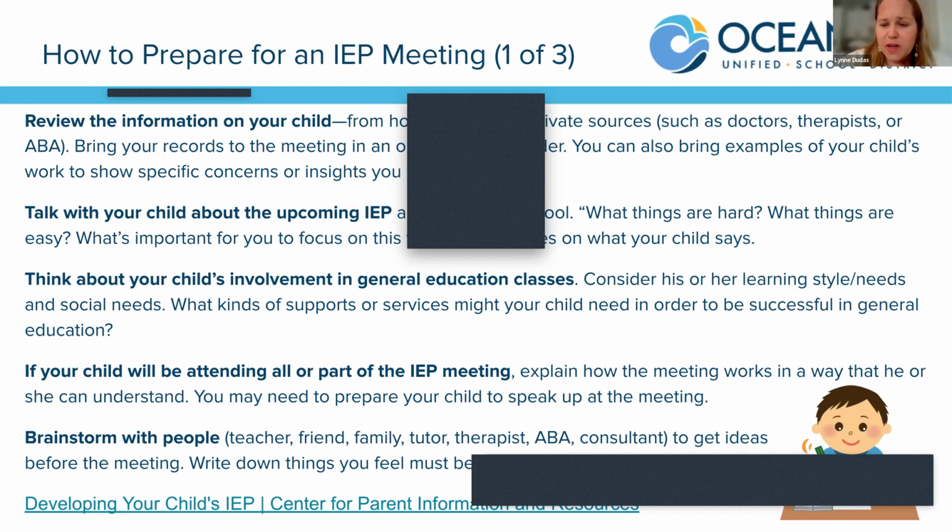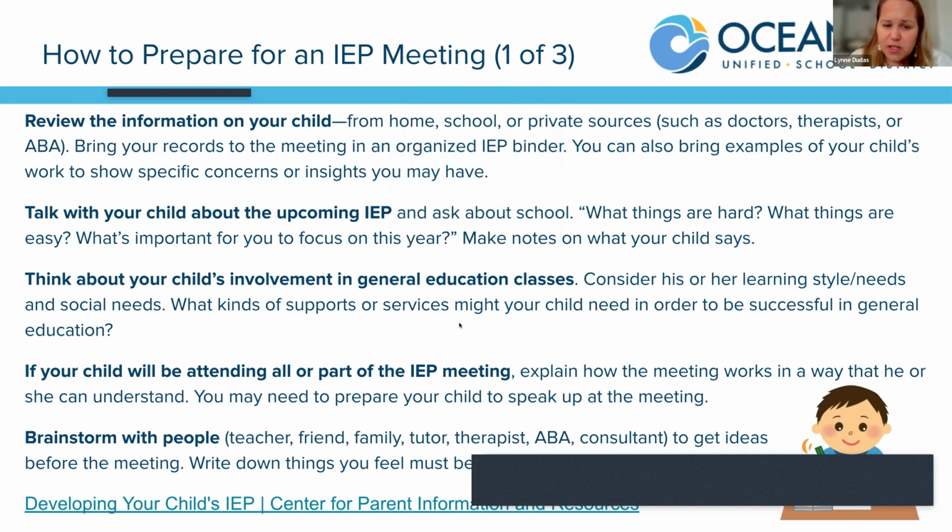Think about your child's involvement in general education classes. So different students spend different amounts of time with their general education peers in the general education class, but thinking about that, is that important to you that your child spend time with their general education peers?